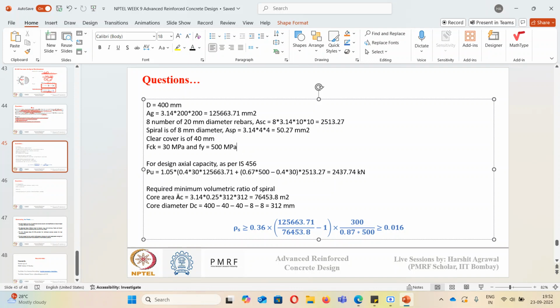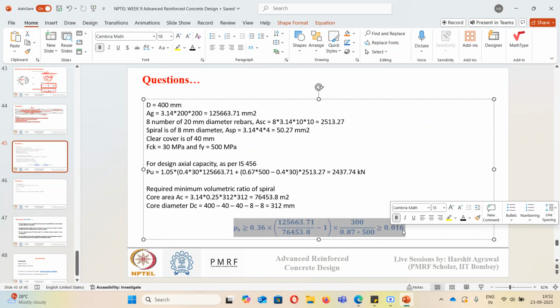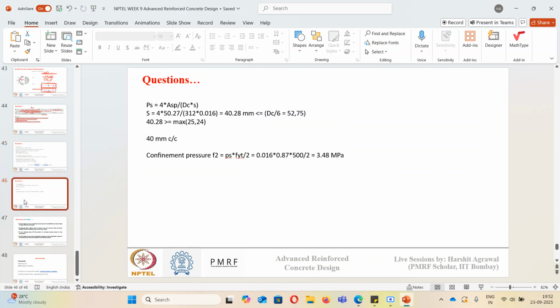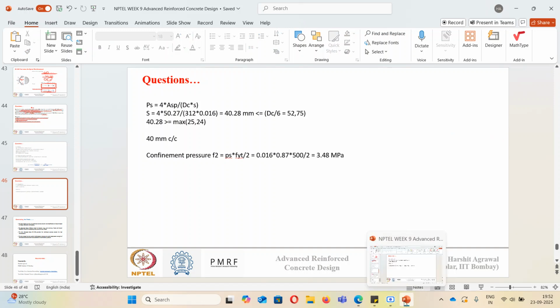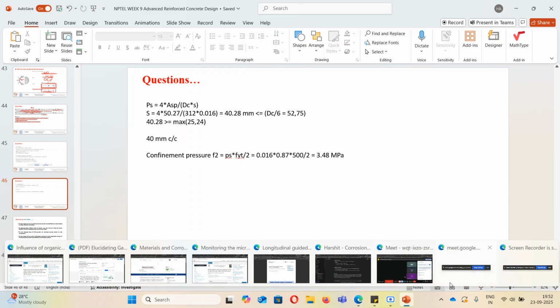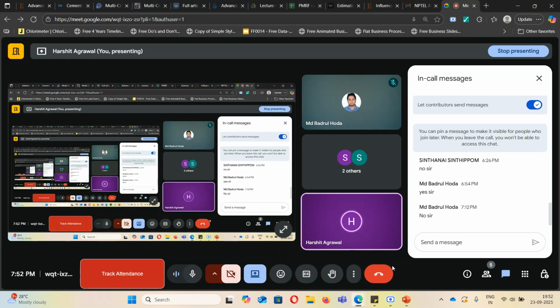Then we calculate the core area from core diameter, and we use this formula to get the spiral reinforcement ratio. Once we know the spiral volumetric ratio, we calculate the spacing of the spiral. We checked it with minimum and maximum criteria given by IS code, and then we calculated the confinement pressure of spiral. Any doubt in this question, how we proceeded with the calculation of different parts?